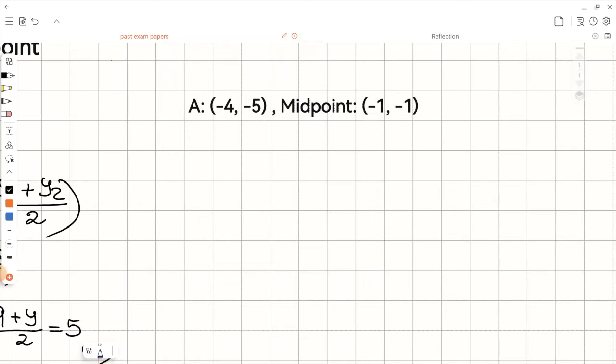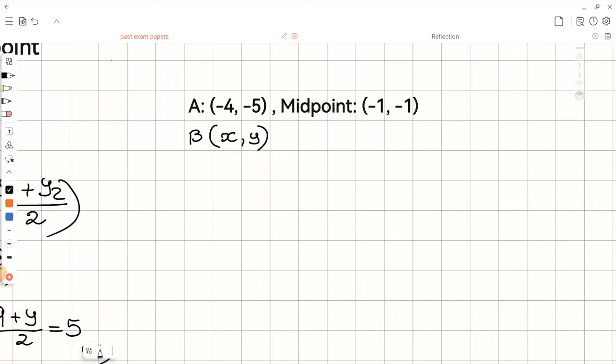So we know the coordinates of point A are (-4, -5), and the coordinates of the midpoint are (-1, -1). We are asked to find the coordinates of the other endpoint. Let's call this other endpoint point B, and because we don't know the coordinates, I'm just going to call it x and y.